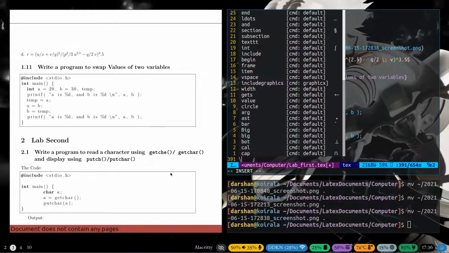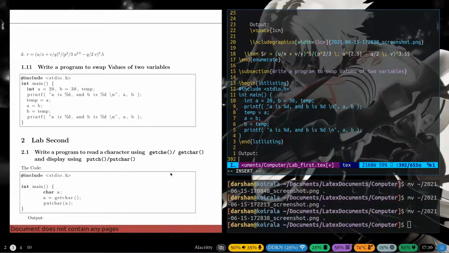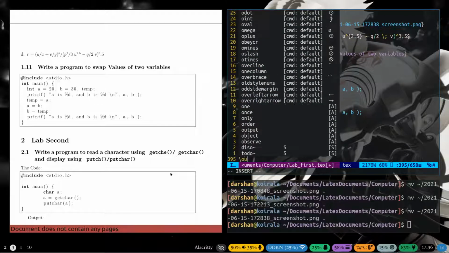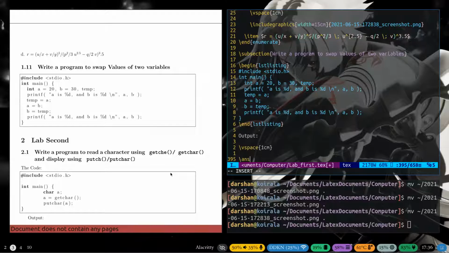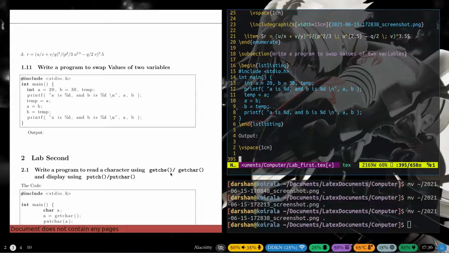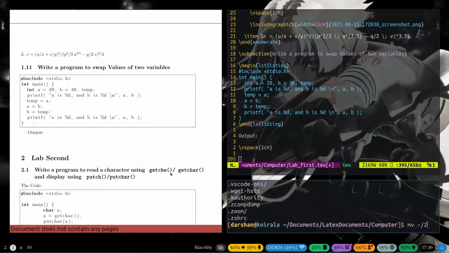Okay, now this one. Alright, so output is space centimeter and output. What is the output? Oh yeah, I forgot to do things sometimes. I'm too tired.